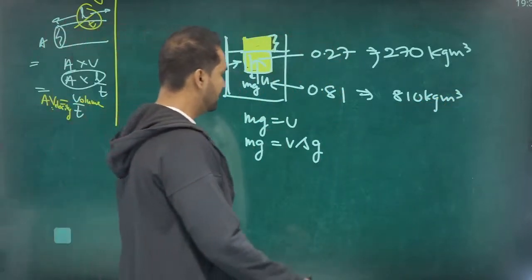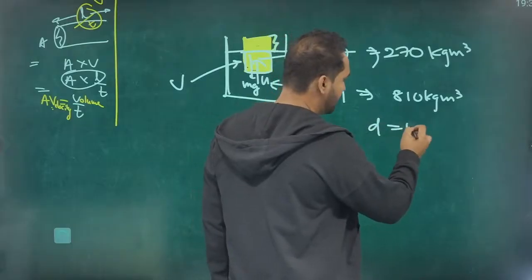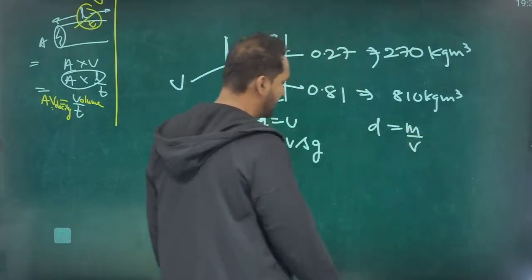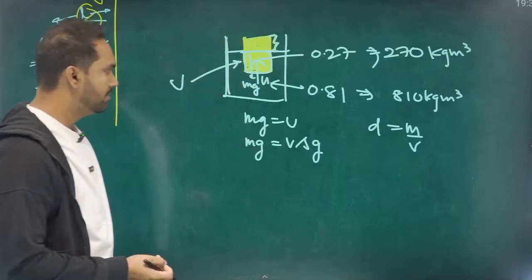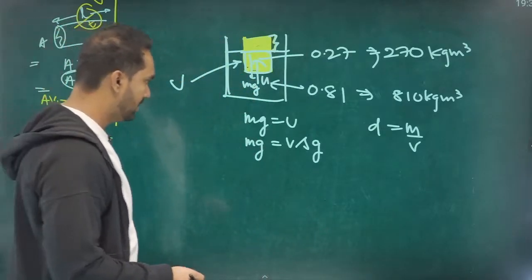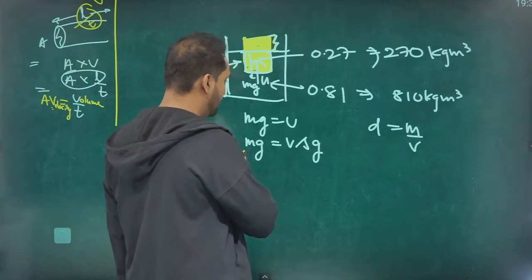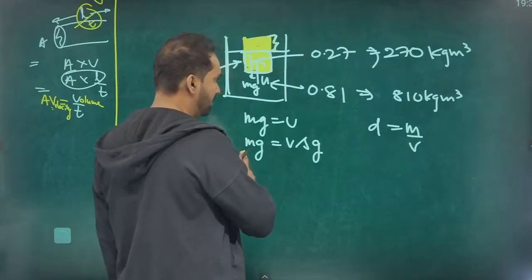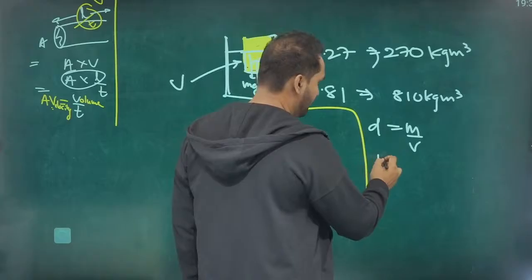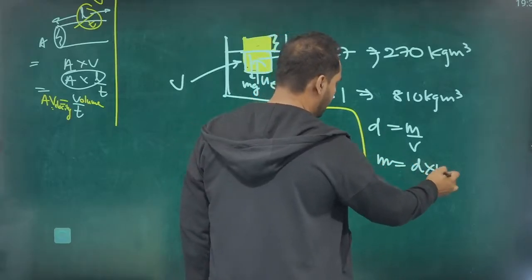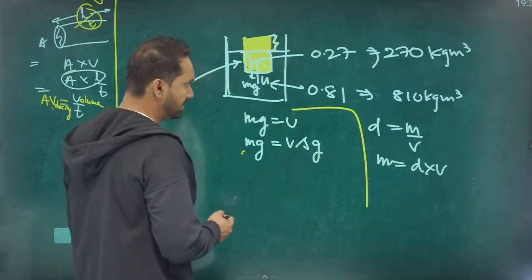Now we know density equals mass over volume, so density multiplied by the volume gives you the mass. So I can put mass equals density times volume.